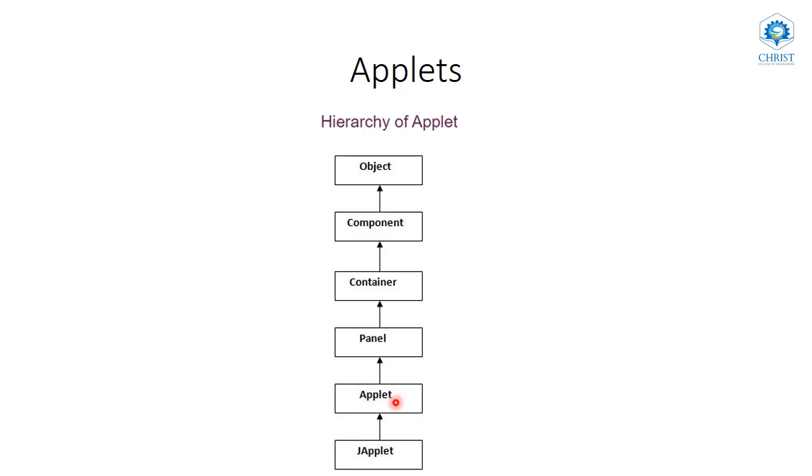Applet is actually a subclass of class Panel, which is again a subclass of class Container, which is again a subclass of class Component, which is again a subclass of class Object. You don't have to memorize this, but just try to understand where this Applet class is coming. That means this Applet class will contain the properties of the Panel class, Container class, Component class, and Object class.